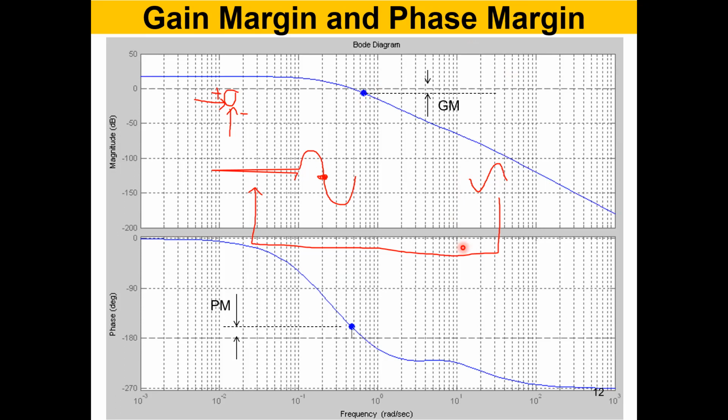So let's look at phase margin. Now we know that our gain curve, we start over here for various frequencies, right? When you increase the frequency, the gain drops to exactly 1 over here. Our gain is 1. The frequency for that is probably 0.4 to 0.5 radians per second.